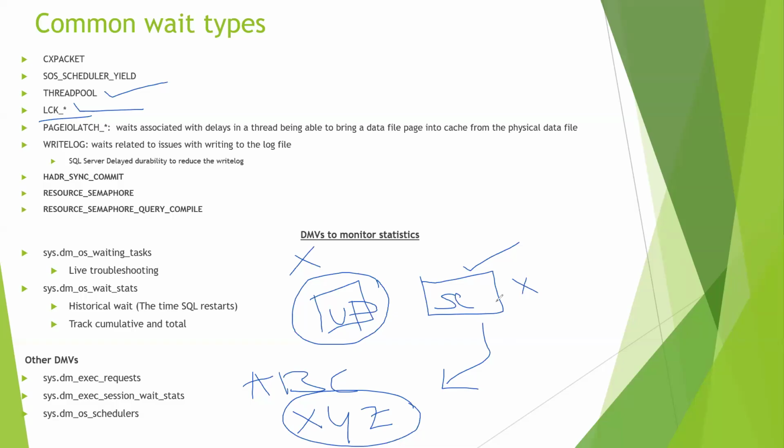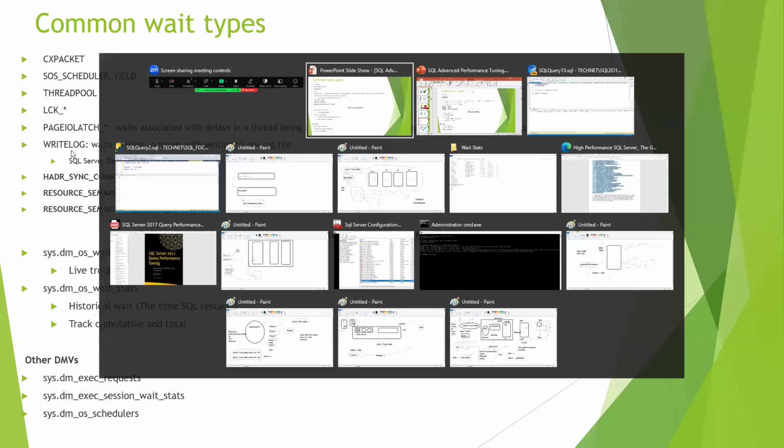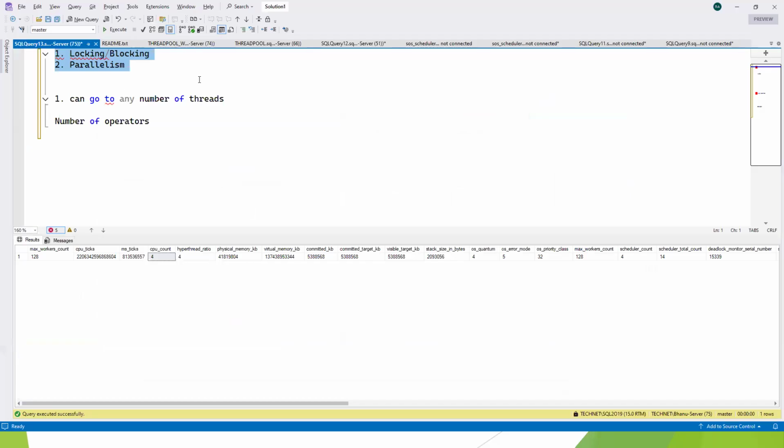Until then, it will be waiting for a certain lock. This lock type I mentioned depends on what it is waiting for. It can be shared, exclusive, or update, whatever it is. We will talk about that later, when we talk about lock, blocking and deadlocks.